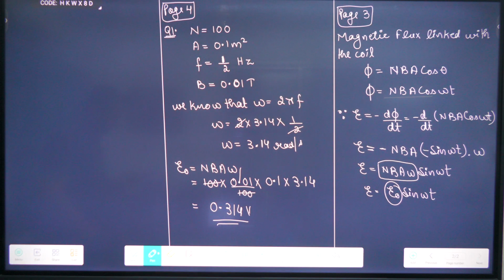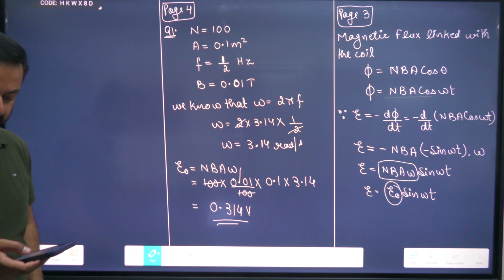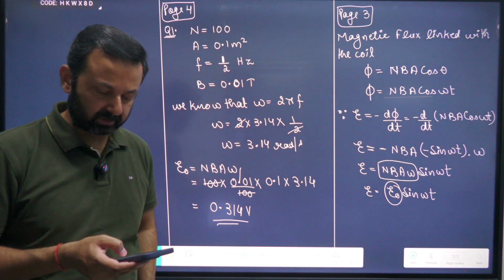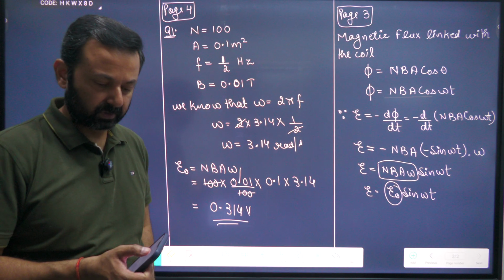Have you received it? Okay. So the last 4 chapters are there: dual nature of radiation and matter, atoms, nuclei, and semiconductor electronics. All the 4 chapters are there in these notes.